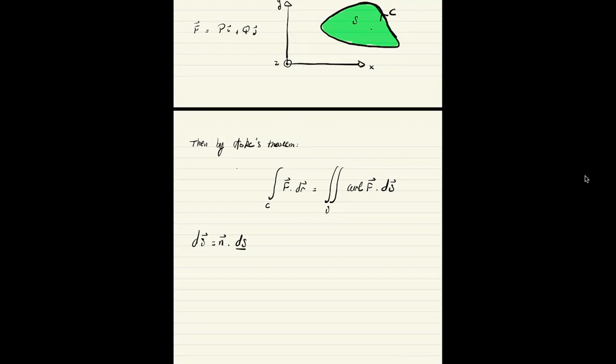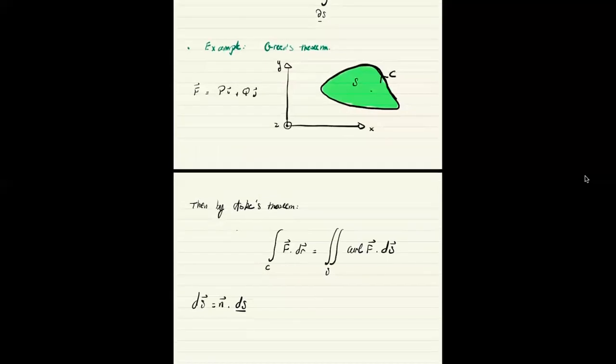But here you don't have to, because what's the meaning of n? It's the vector that is normal to the surface. But here the surface is a flat region. It's a flat surface that is on the xy plane. So we automatically can say that the normal vector is k. It's the one that points towards you right now, like here, right?